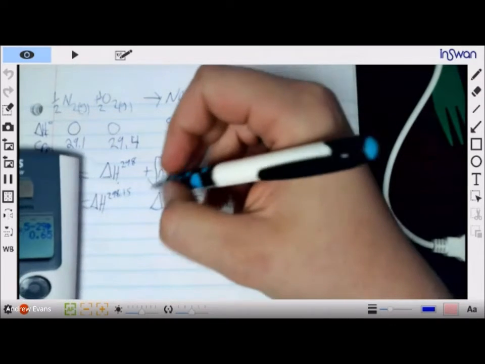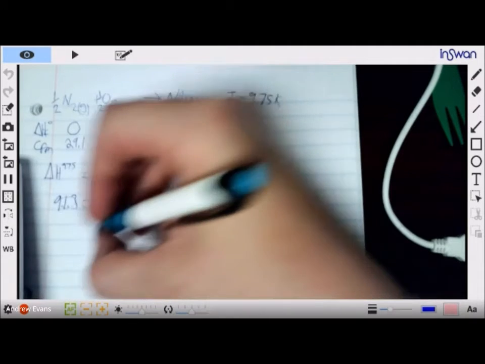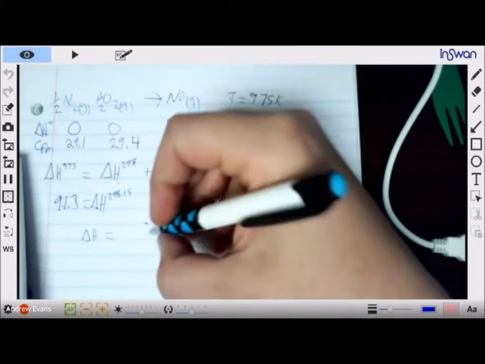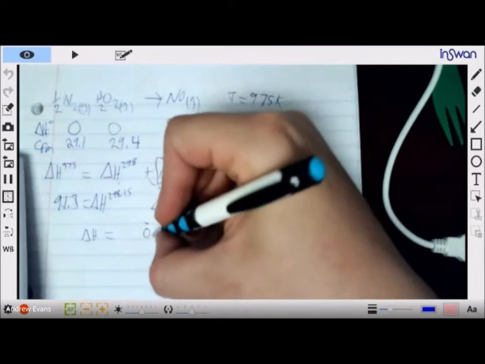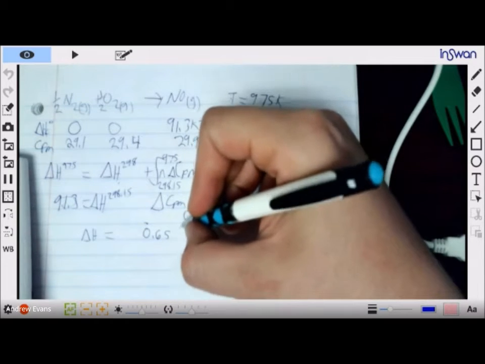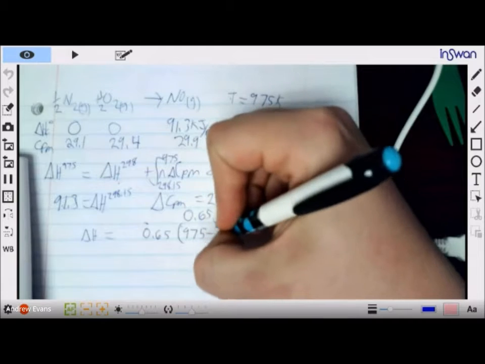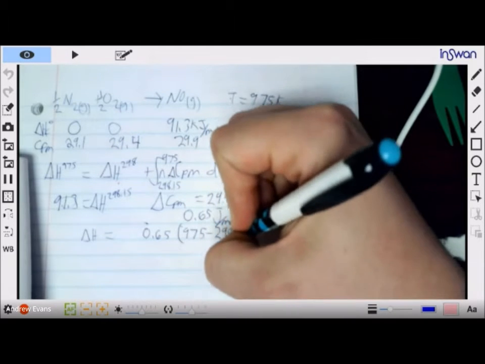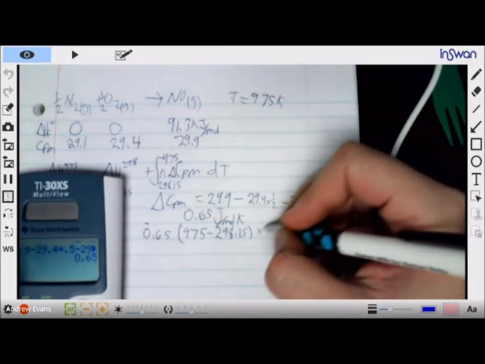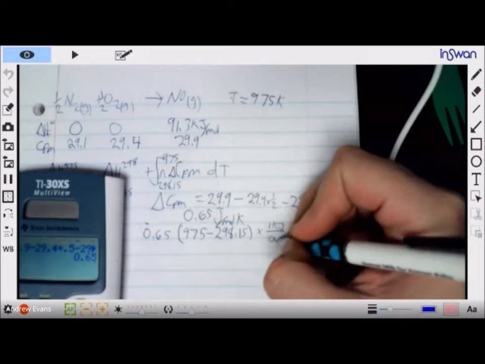So integrating this, the delta H for the integral is going to be 0.65 times 975 minus 298.15. However, this is going to be units of joules per mole, so times 1 kilojoule, there is 1,000 joules.